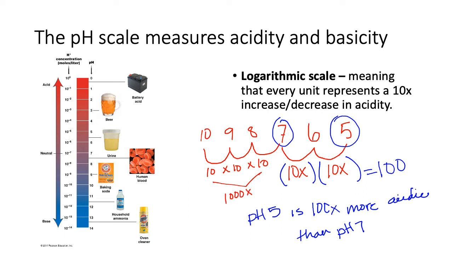But notice that we've gone into the basic range. So you're paying close attention to whether you're becoming more or less acidic. We could say a pH of 10 is 1,000 times less acidic than 7.